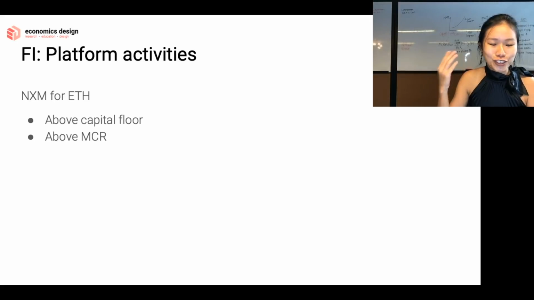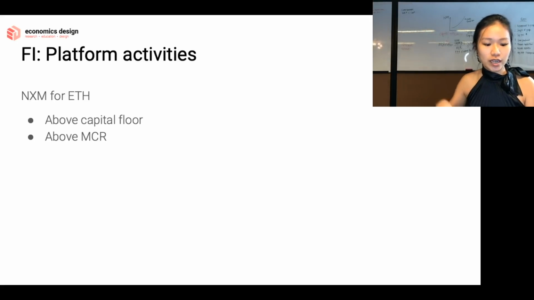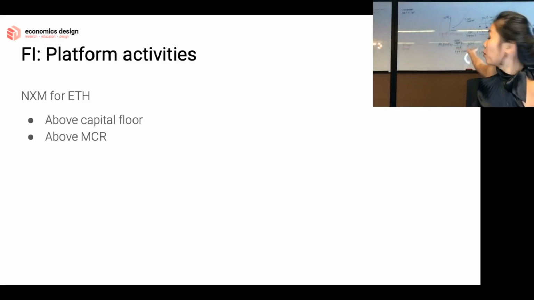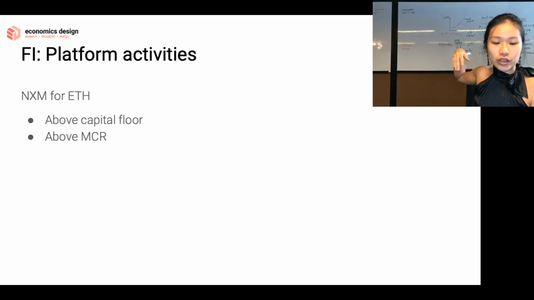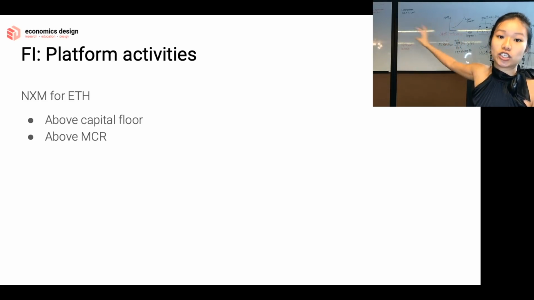So you could change the shape of the curve, as we mentioned, by having more capital, or by having the capital floor that we talk about, the dynamic capital floor, or the MCR, which is the minimum capital requirement. You can change how much NXM you can exchange for ETH, or how much ETH you can exchange for NXM.